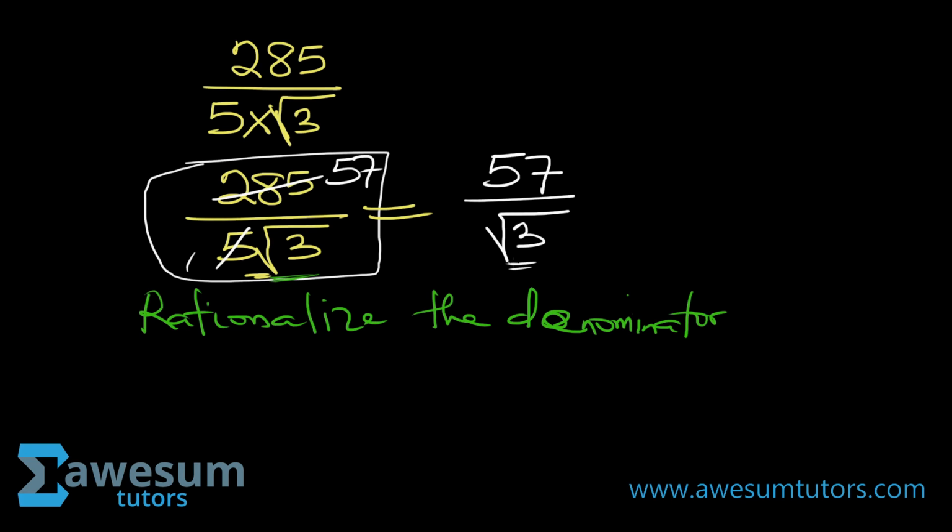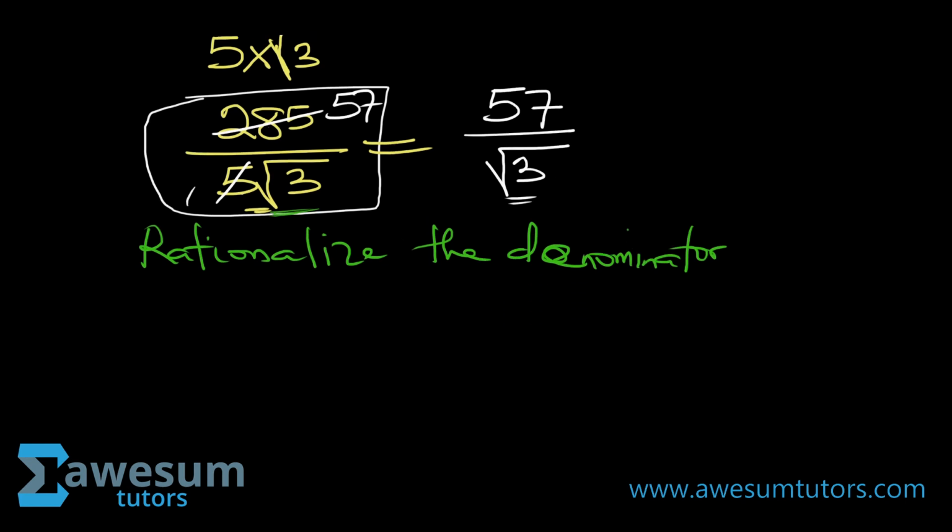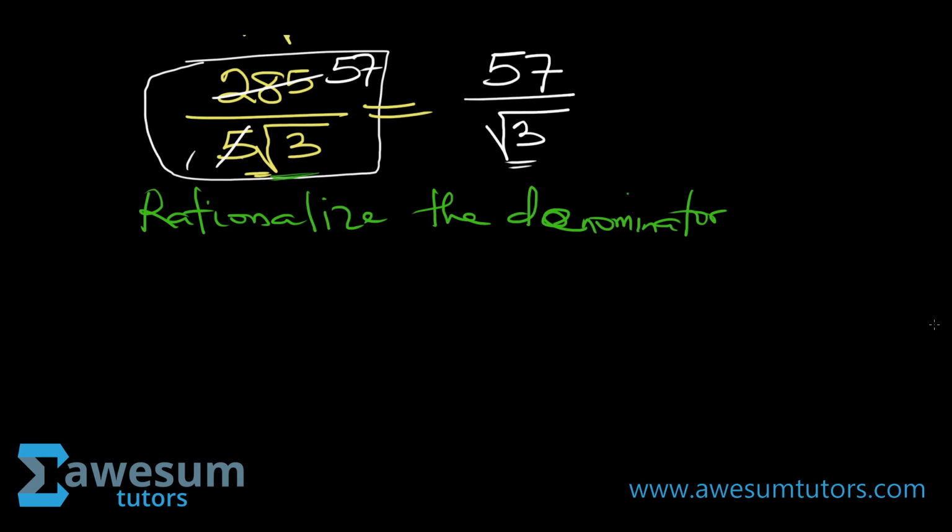Why is that? Like I said, your denominator should not be in surd form, should not be in root form. So what you need to do is to rationalize the denominator. To rationalize the denominator, what you need to do is to multiply both the numerator and the denominator by the denominator. What do I mean?